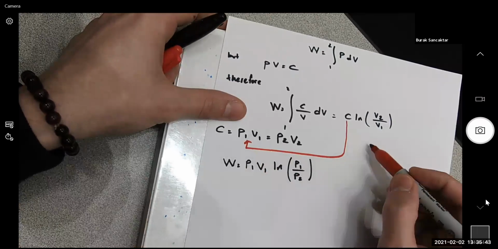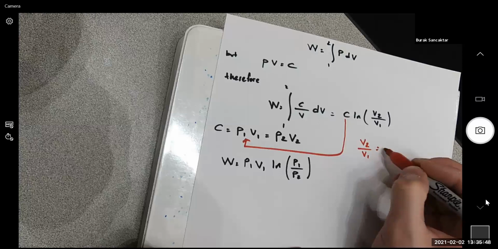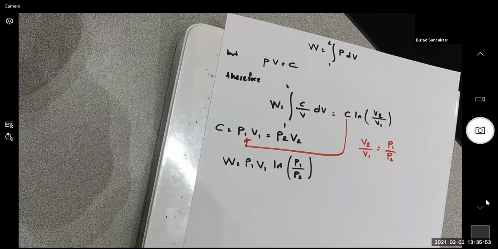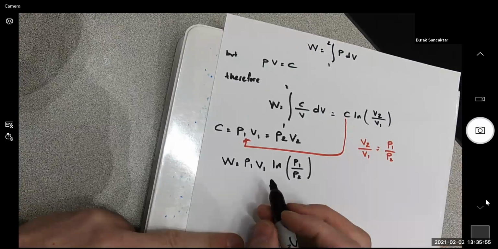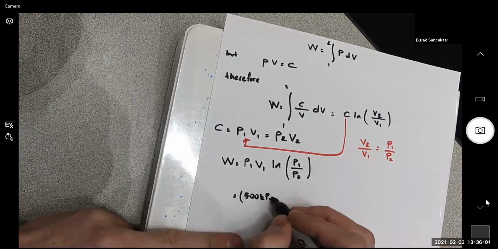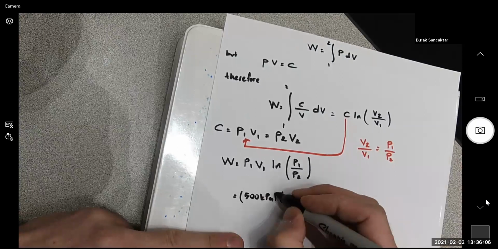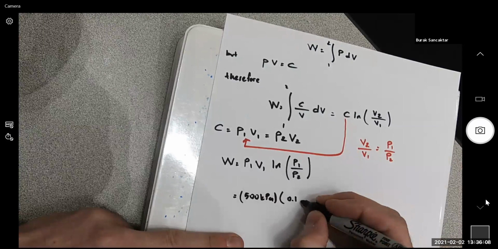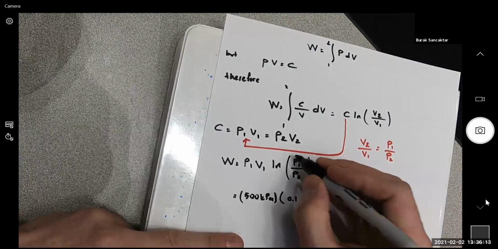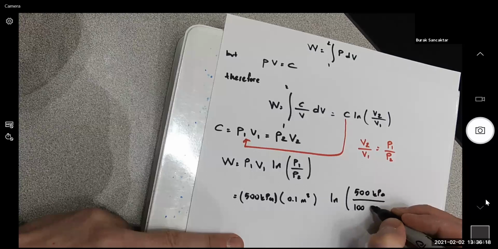And then V2 over V1 equals P1 over P2. So work equals P1 V1, 500 kilopascal times 0.1 meter cube, times natural log of 500 kilopascal over 100 kilopascal.